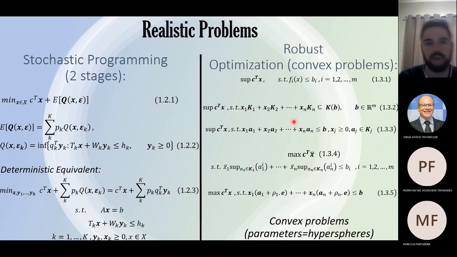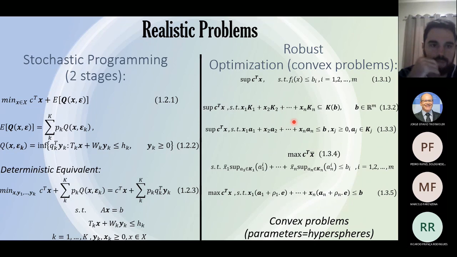Okay, so realistic problems. In realistic problems, and mainly in operations research, we actually use two approaches. Either we use stochastic programming or we use robust optimization. Stochastic programming is generally used for linear problems, but you can have non-linear constraints.